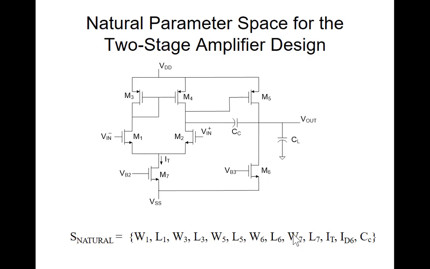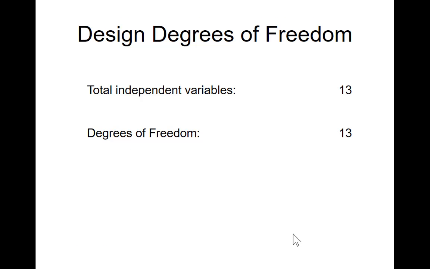So these would be the natural design parameters that we probably work with. If you're doing design and you get to the point where you have all these values here, you're almost ready to go to layout. I guess that you can convert this tail current and this drain current to a W and L for these last two devices. So that's your goal, to come up with those natural parameters in a design.